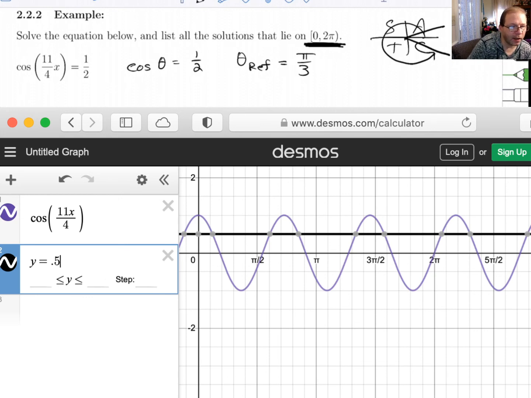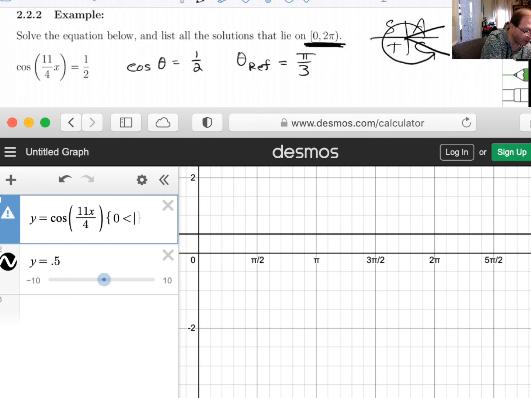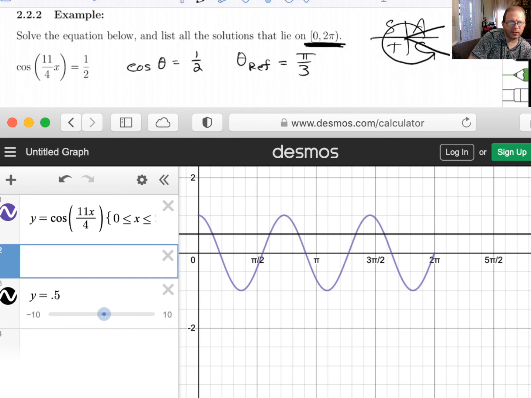All right, and let's restrict this to just go between 0 and 2 pi. All right, so how many solutions do we get here? Looks like we get 1, 2, 3, 4, 5 total.